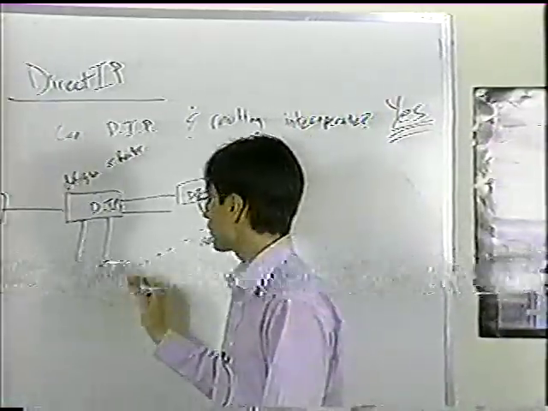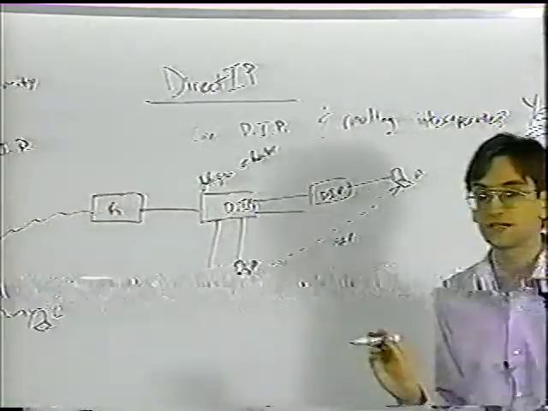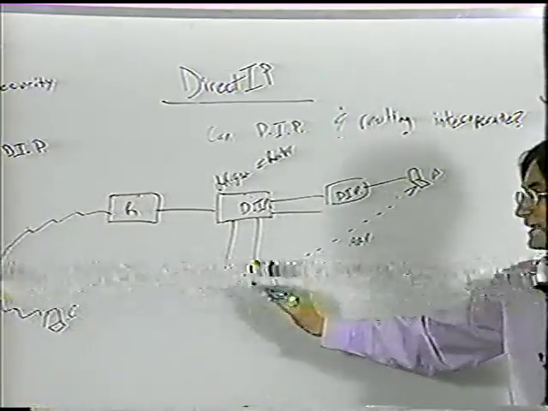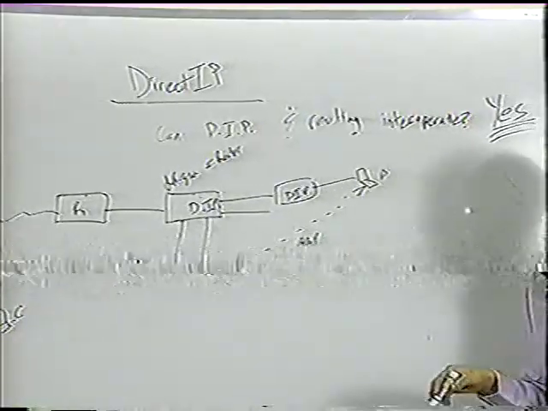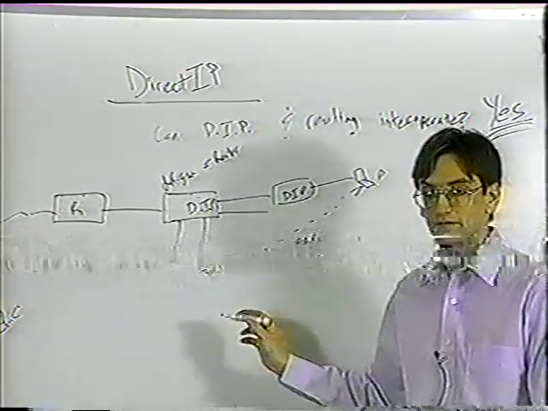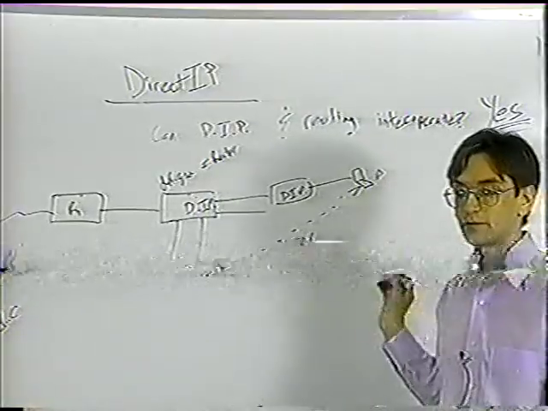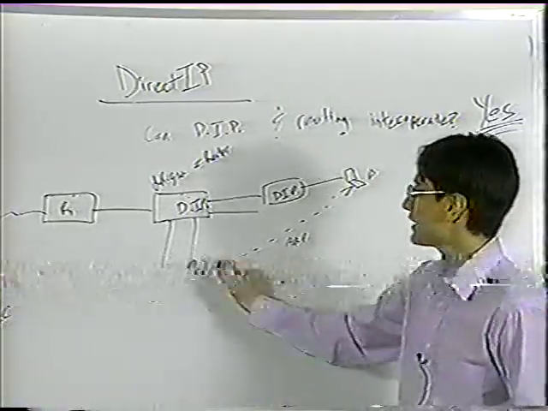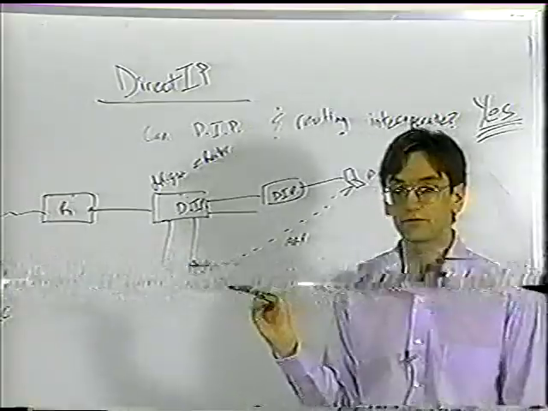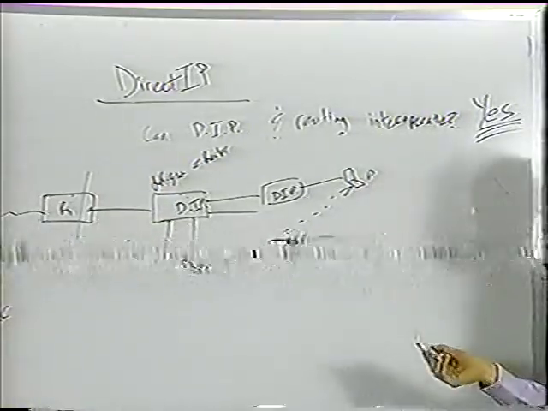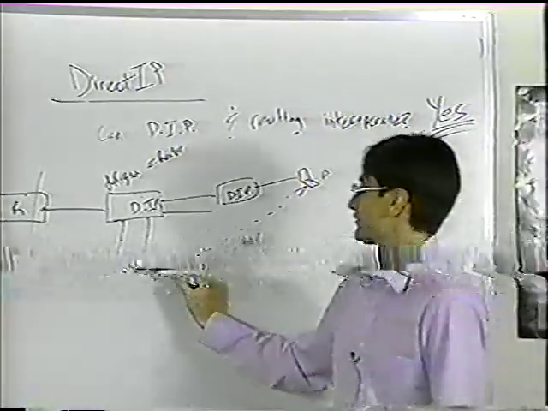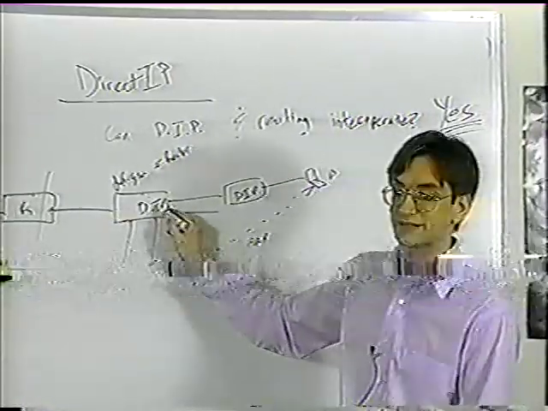Now, when host A wants to transmit to station C, he sees that station C is actually across on a different subnet. So what he does is ARP his default gateway, as I described before. So station A will ARP the router interface. Now, the router interface at this point looks exactly like another station on the network. So host A will ARP the router via the direct IP switch.